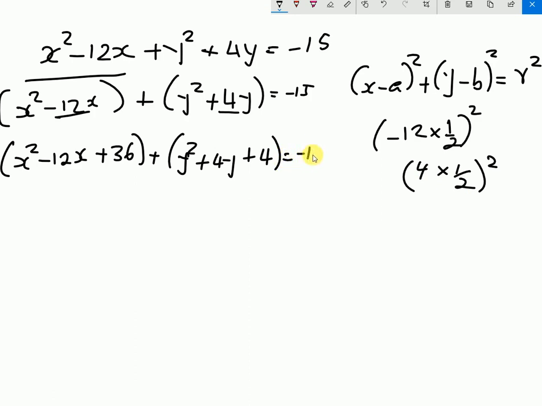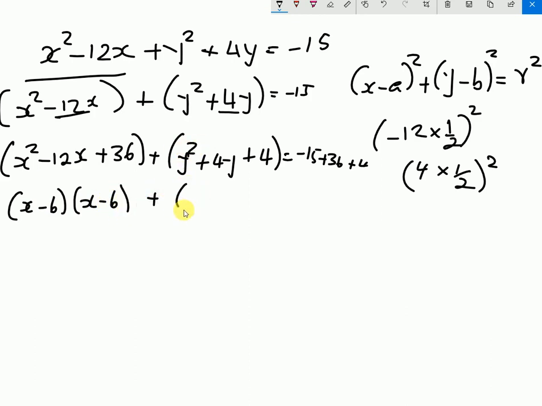Minus 15. What we have done at the left hand side, do it at the right hand side. You have added 36, add 36 this side, then add 4 again. And you can factorize this. I'm telling you, people, this is (x − 6)(x − 6).